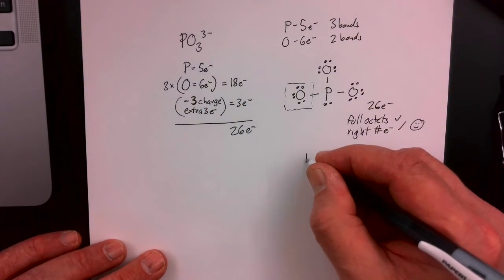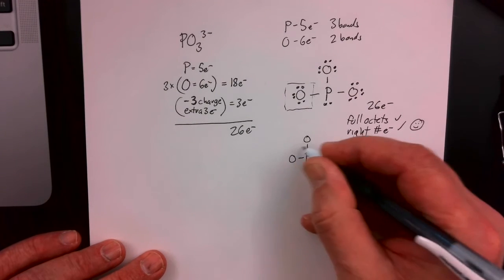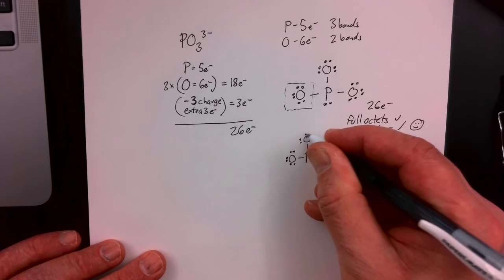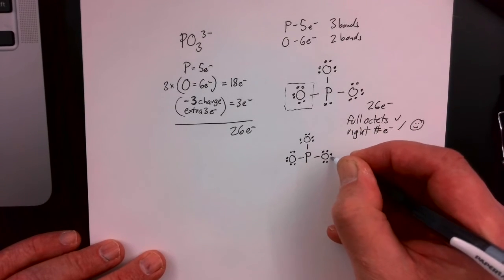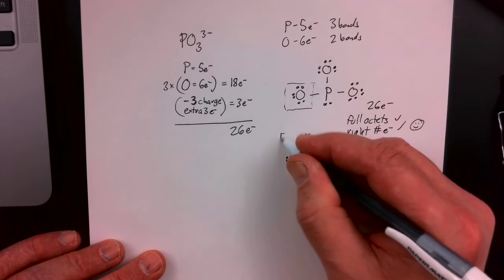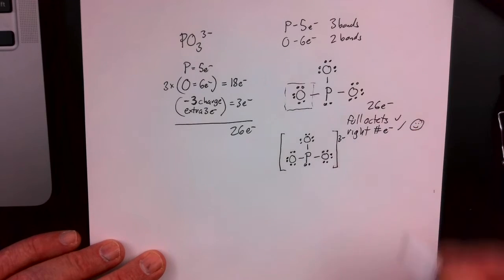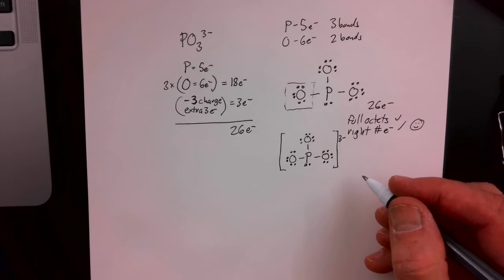And so the way I would draw this is this way. I would draw my structure with my dots. And I would then put it in brackets and put a 3- charge on it, right? Because it's an ion, it needs to be in brackets with its charge, okay?